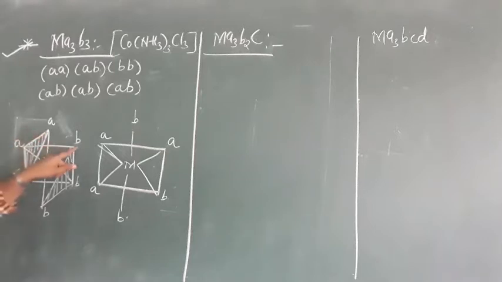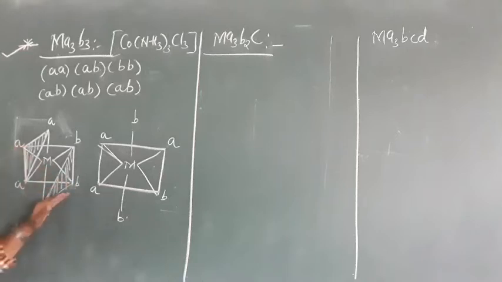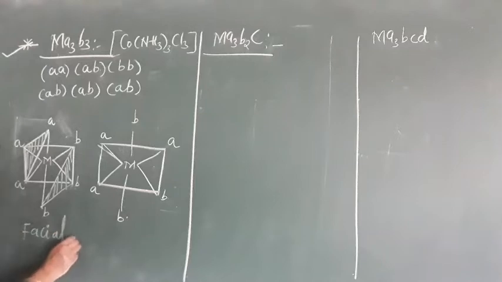A and B, A and B, A and B, they are facing each other. That's why this form is called facial.